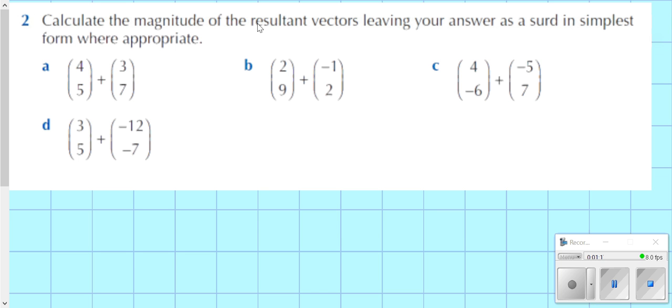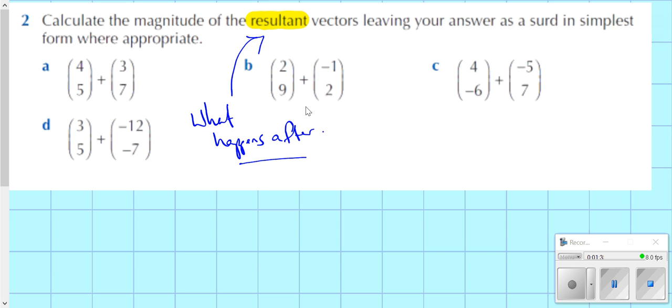The bit I want to focus on is this word resultant. It wasn't one that I used in the videos. Resultant essentially just means what happens. It usually means what happens after you carry out your calculation.